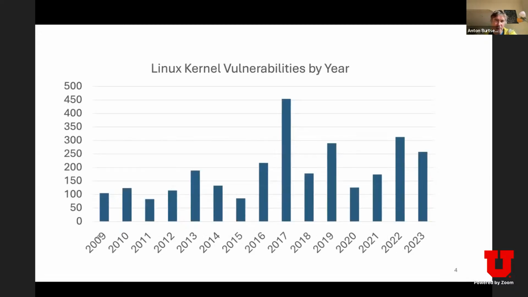If we take a look at the plot, which shows the vulnerabilities in the Linux kernel by year, in 2009, roughly 15 years ago, we were at around 100 vulnerabilities each year. There were some spikes, like 400 vulnerabilities in 2017, slightly lower numbers in 2022 and 23, but I'd say there is another spike today in 2024.